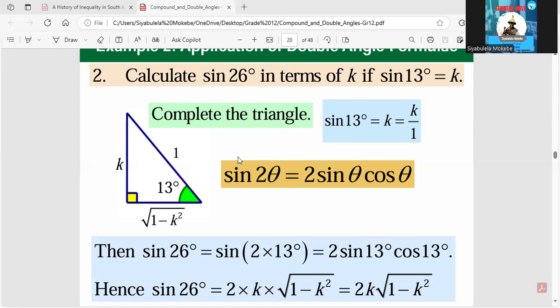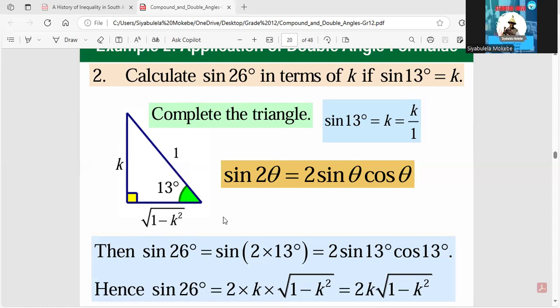All right. So you draw your diagram, then we have k as the opposite side, 1 is your hypotenuse. And then we use the theorem of Pythagoras to find the adjacent side. Remember, adjacent will then be equal to the square root of 1 minus k squared.